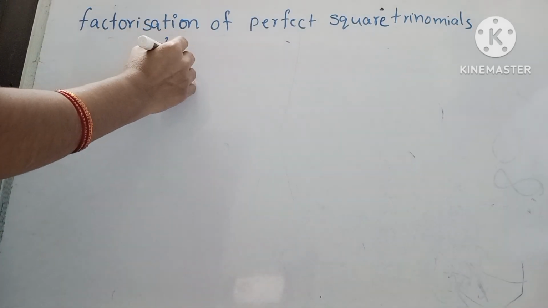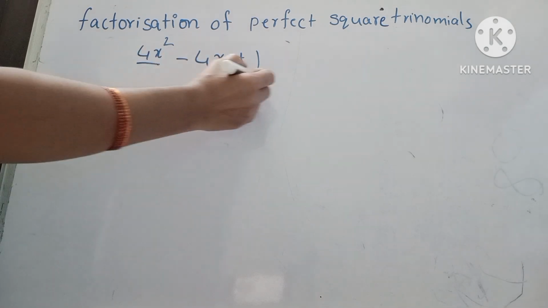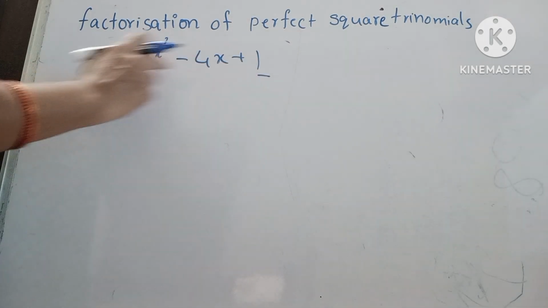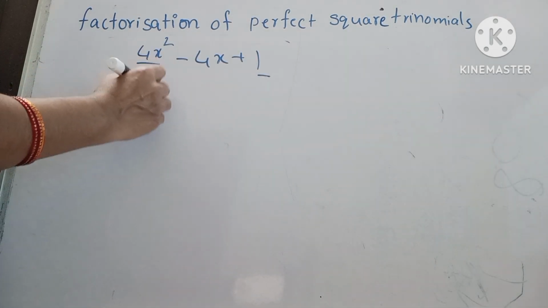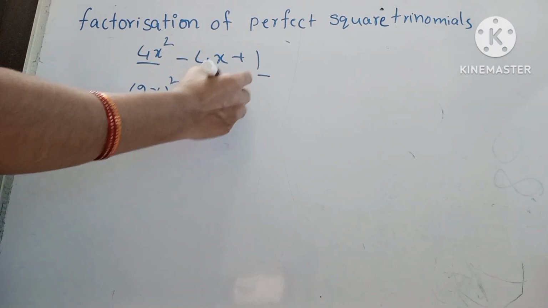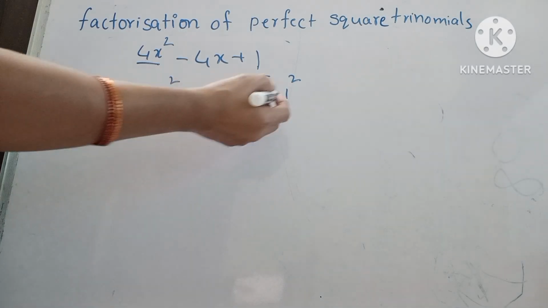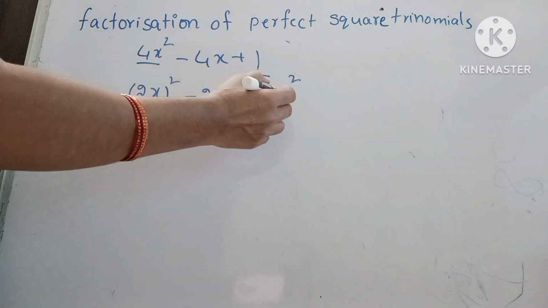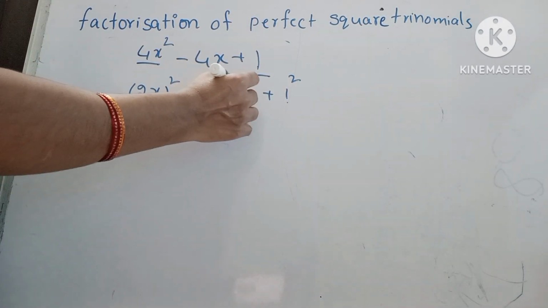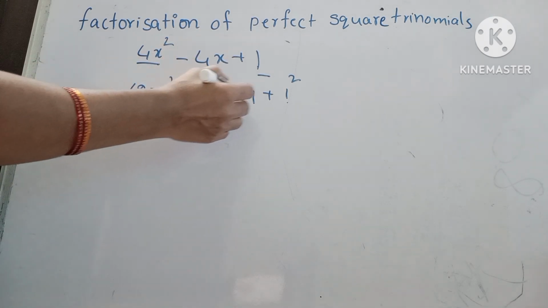4x square minus 4x plus 1. So look at the first and the last term. Are these perfect square numbers? Yes. 4x square can be written as 2x whole square, minus 2 times the last term, which is 1. 1 can be written as 1 square. So 2 times ab, which is 2x times 1. Yes. So this is in the form of 2ab.